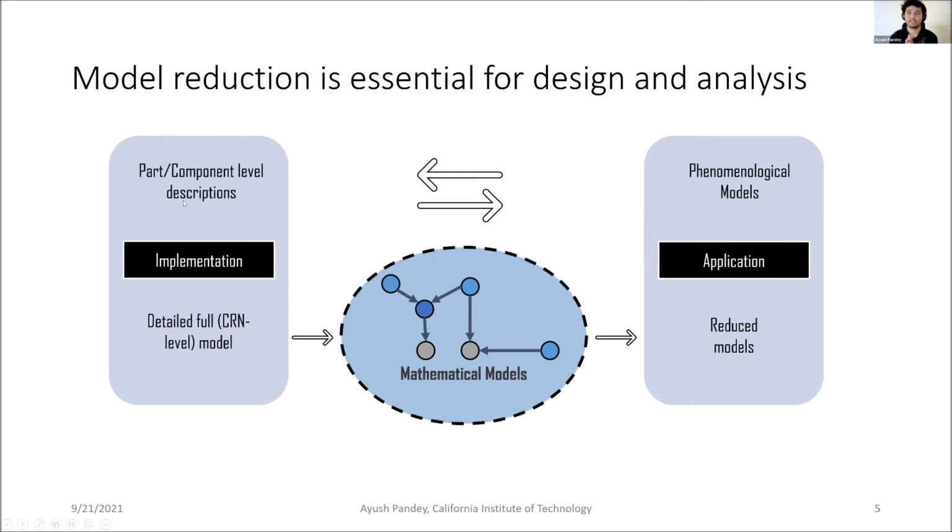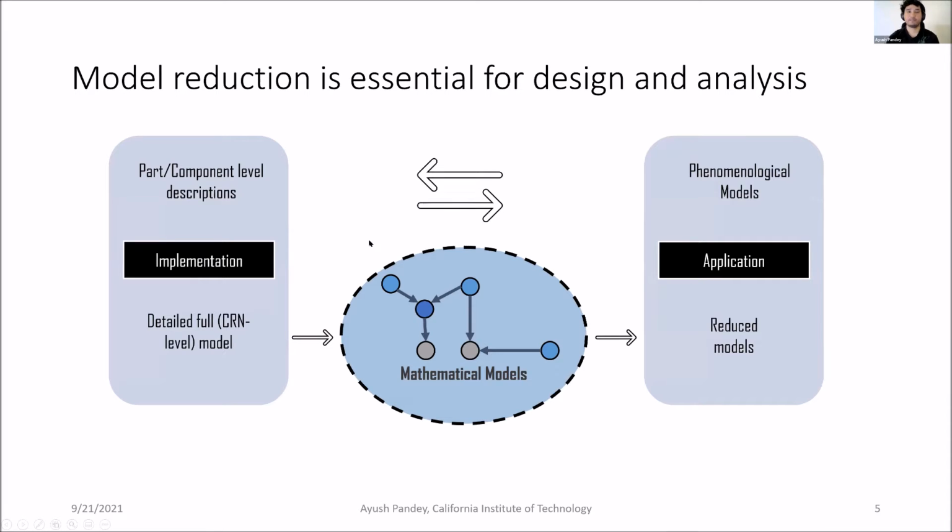And if you have this Systems Biology Markup Language SPML model for this, what you would want is to find out what are the parameters that are identifiable given the measurements that you have for that system. And so model reduction then becomes essential for analysis of the parameters in this system.